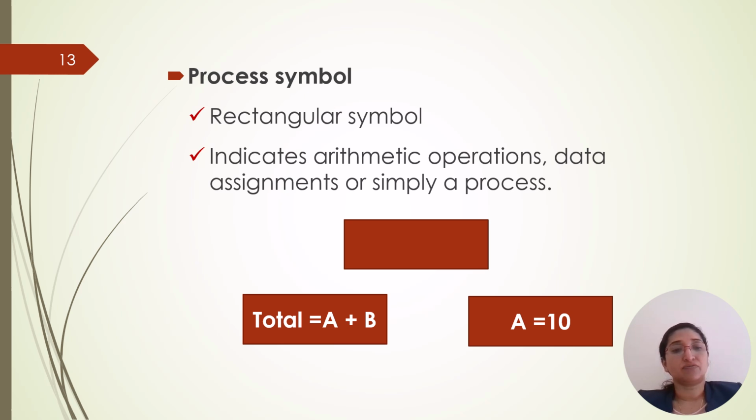So here we say the value for this total is equals to the value inside A plus value inside B. And here we have used a data assignment. For the variable A, we have assigned the value number 10. So this you can use either for arithmetic operations or for data assignments.